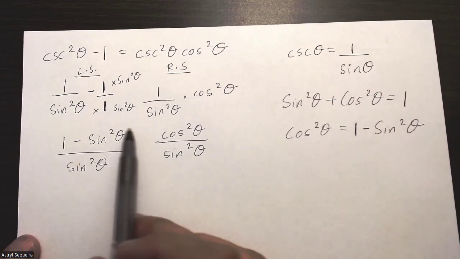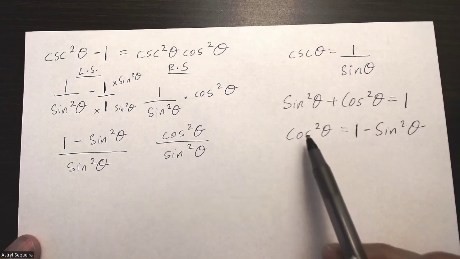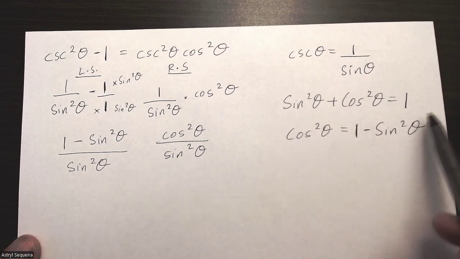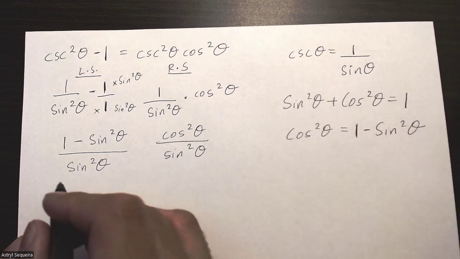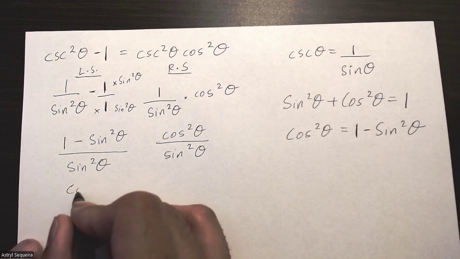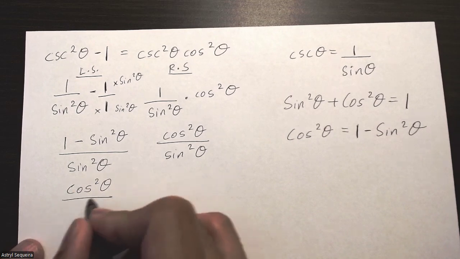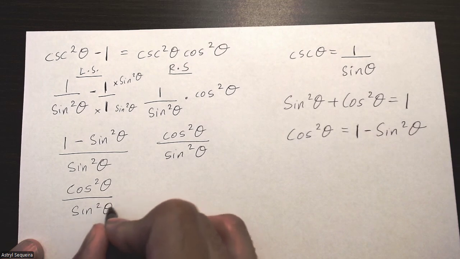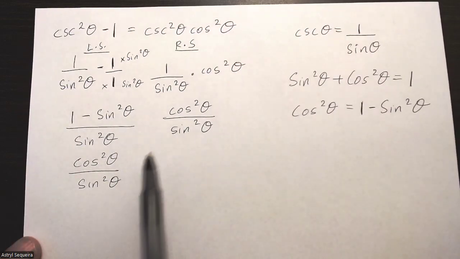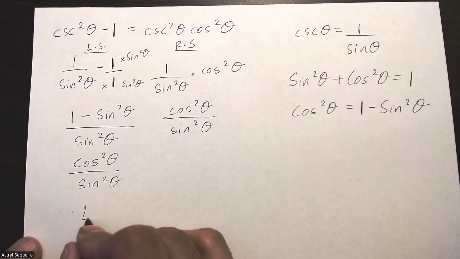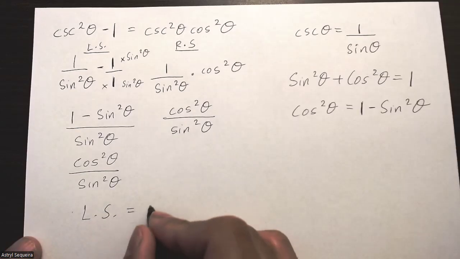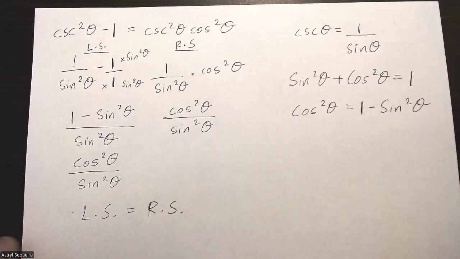And then I can just replace the 1 minus sine squared theta here with cos squared theta using this trig identity or equation. So I'll just have cos squared theta over sine squared theta. And now you can see that the left side matches the right side. Therefore, we've proved this trig identity.